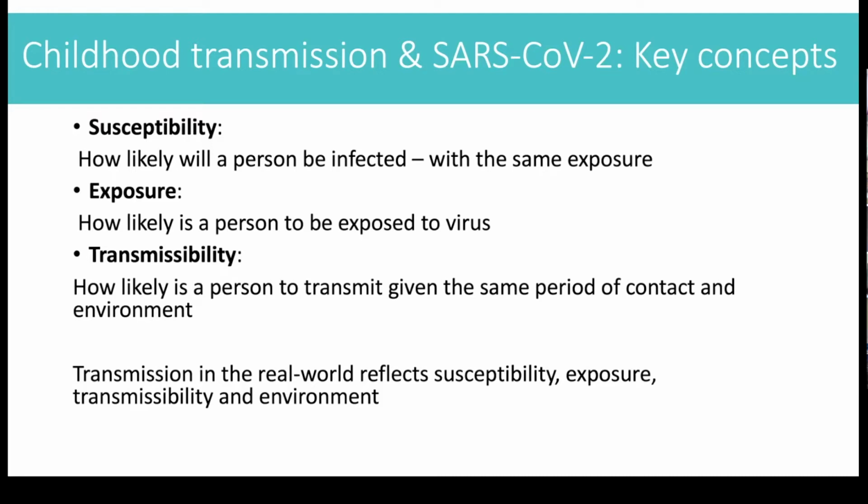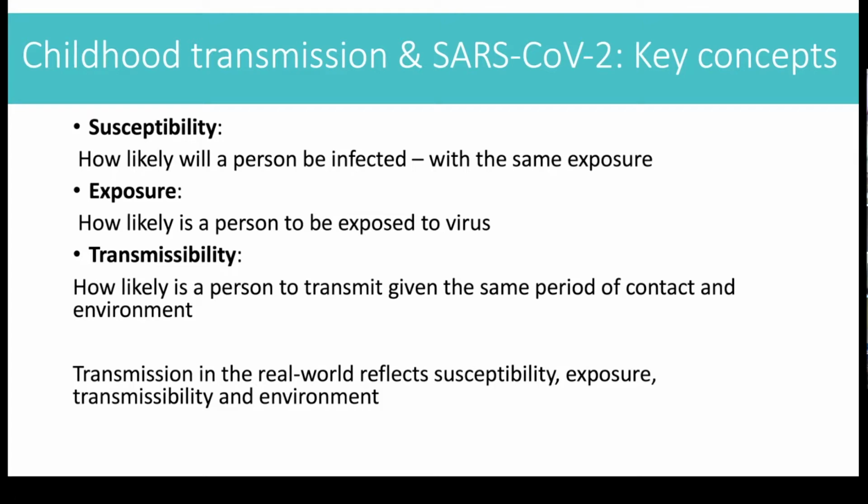When we look at transmission in the real world, often we're looking at these three things together. And the reason that I've separated them out in this way was there was a sort of thinking early on during the pandemic that children were less susceptible, so less likely to get infected if exposed. But a lot of this didn't account for the fact that actually children had huge amounts of exposure, far more than most adults did, because they came into contact with so many other children in school.